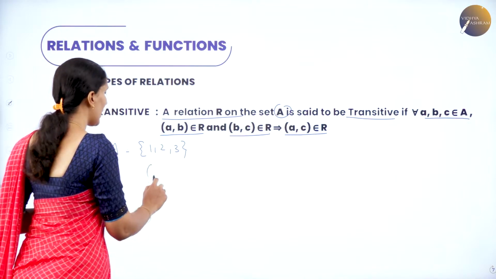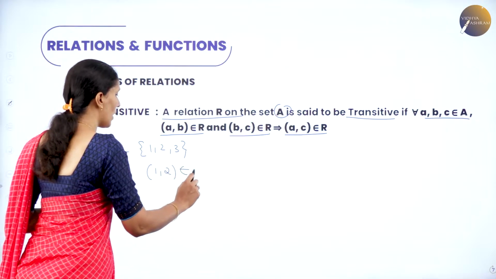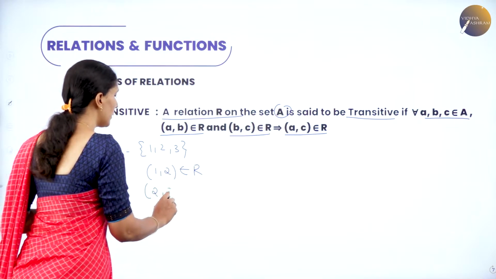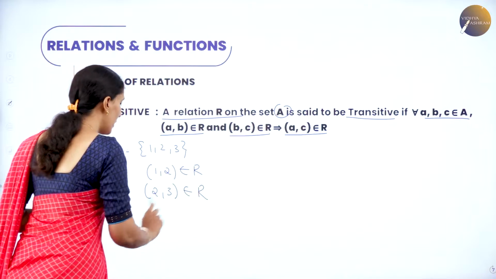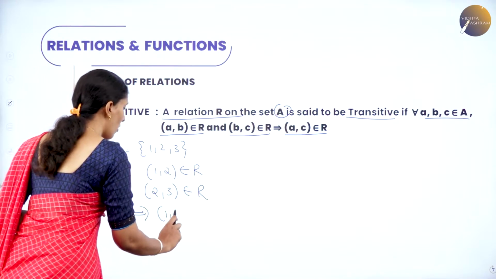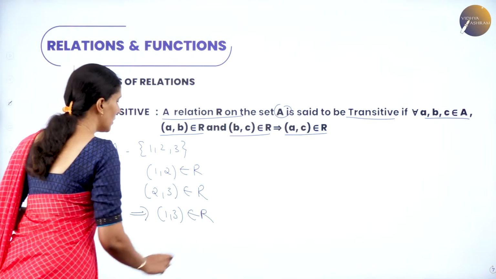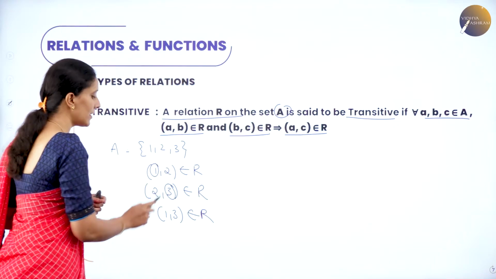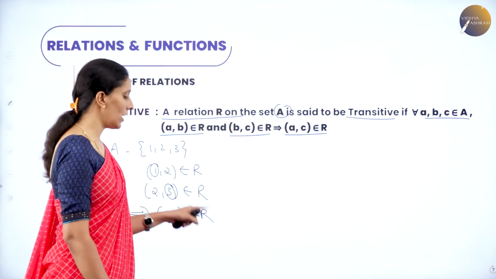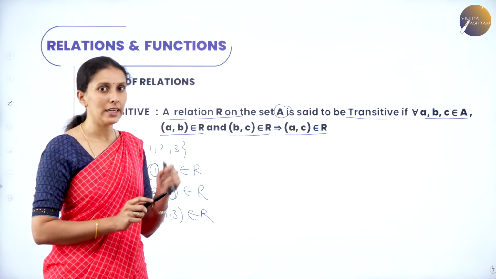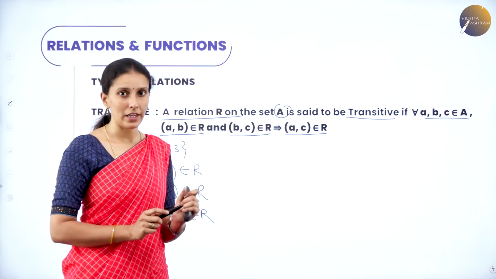Suppose I have (1, 2) belongs to R, then (2, 3) belongs to R. Then obviously it should imply (1, 3) is also in R. So the (a, c) should also be contained in the relation set R. Then only we say that it is a transitive relation.